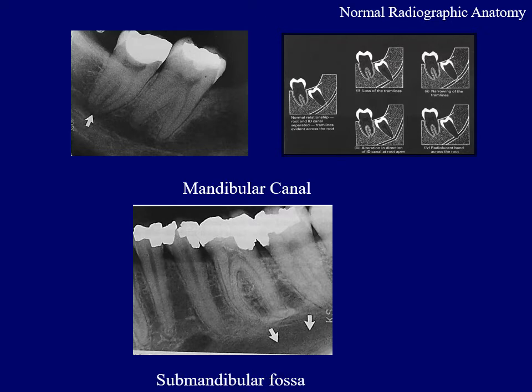This fossa accommodates the submandibular salivary gland, and this appears as a radiolucent area as shown within white arrows. This submandibular fossa shouldn't be confused with other anatomical landmarks or with periapical lesions.